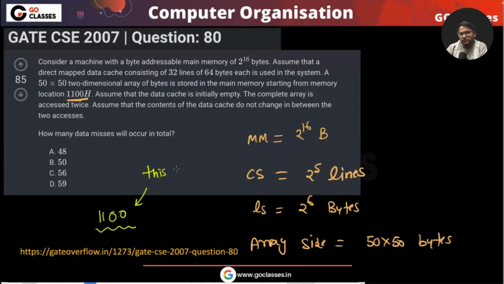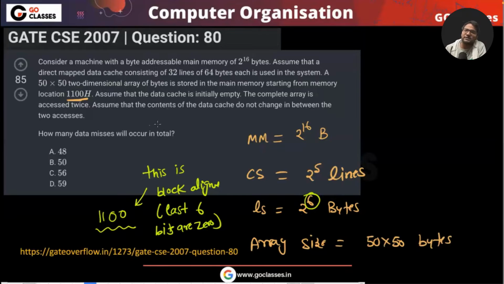This is block aligned, right? Why? Because the last 6 bits are 0. So they're just saying that the array is block aligned. That's the usual case actually.